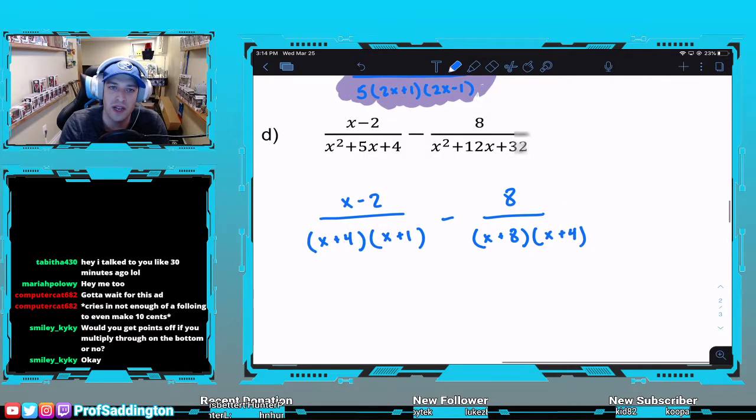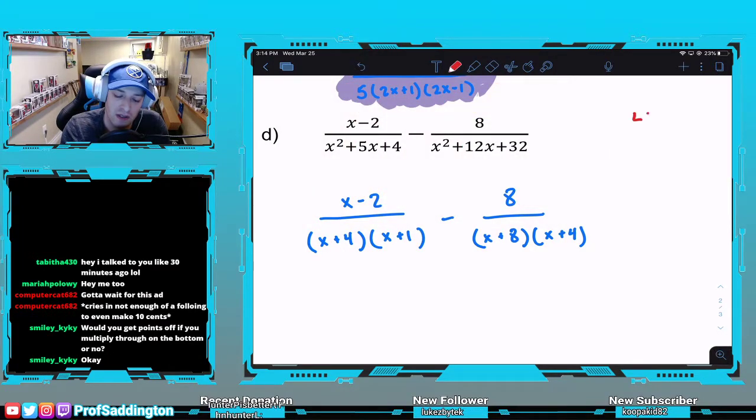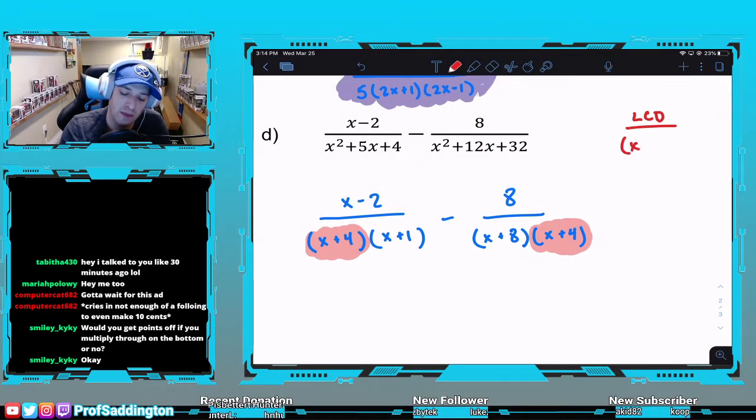So just like the last one, I'm just looking for an LCD. And we already have something in common. You're not always going to have something in common, but normally you will. So in this case, we have x plus 4 already in common, so we know that x plus 4 has to be one of the parentheses that is going to be in our LCD.